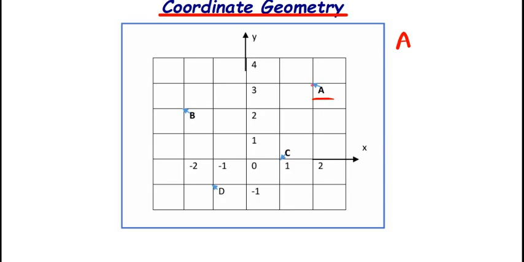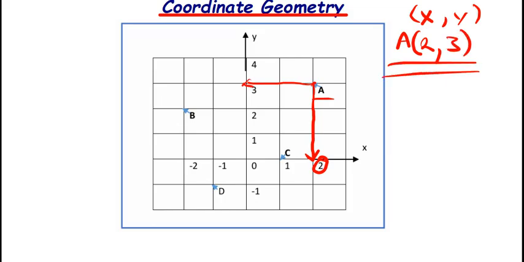When you're at that point, this line goes all the way down in order for us to come up with the position. That position is 2, so you have a 2 there, comma. Remember, we are starting with x and then followed by y for the coordinates. And where is y? As you can see, it is at that point, and that is a 3. So that is your position for point A.